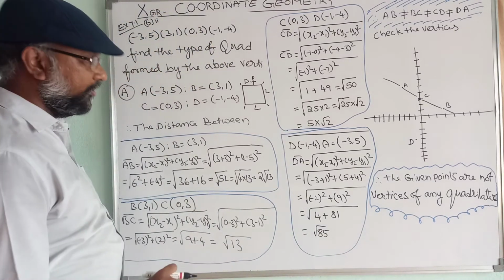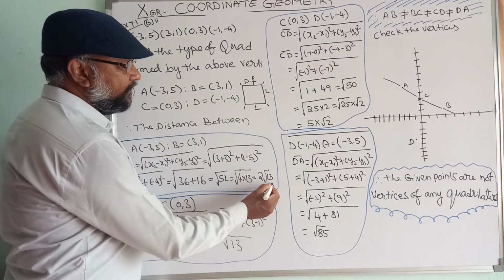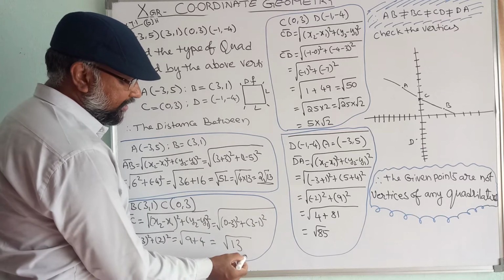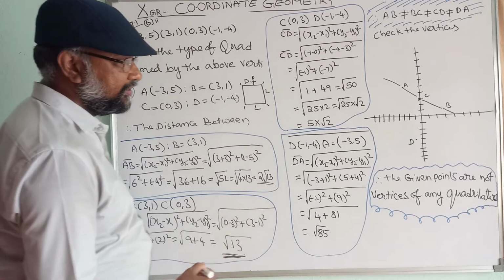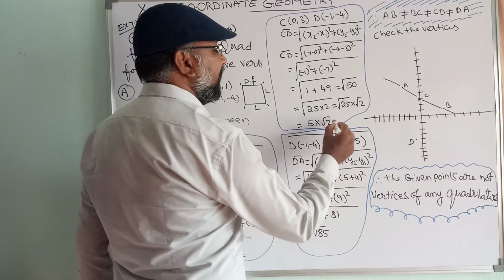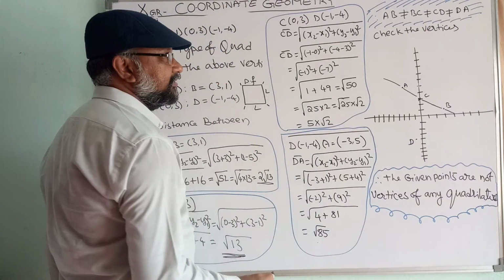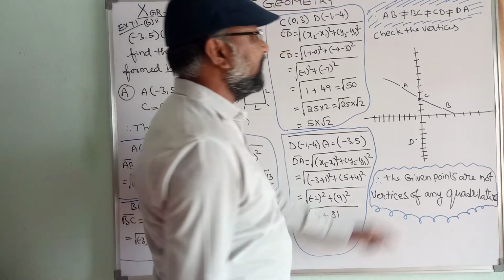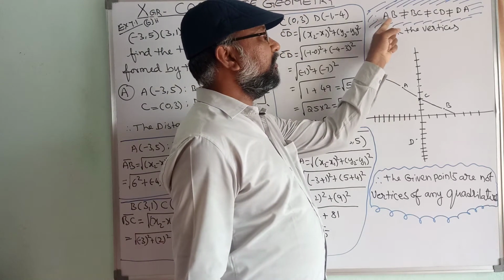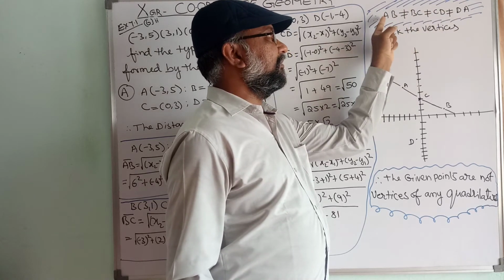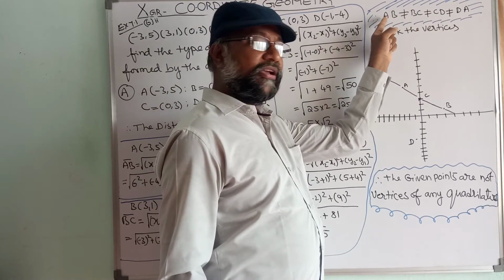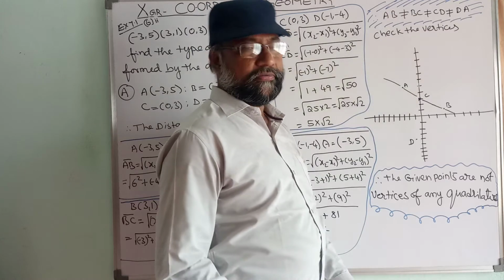If you observe, here we have one answer, here we have another answer, each the distance between 2 points. Therefore, we can say all the lengths of the sides of the quadrilateral are unequal.